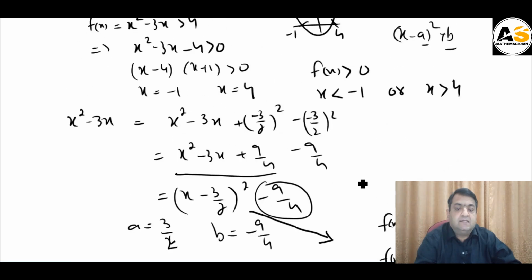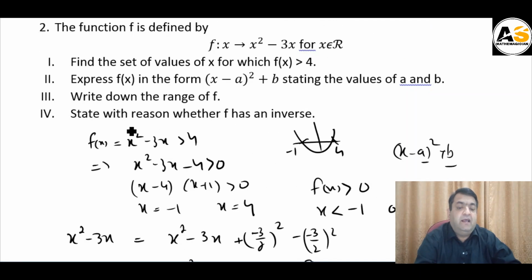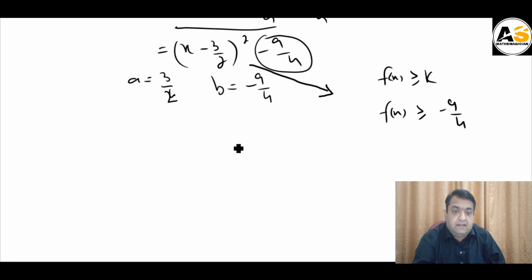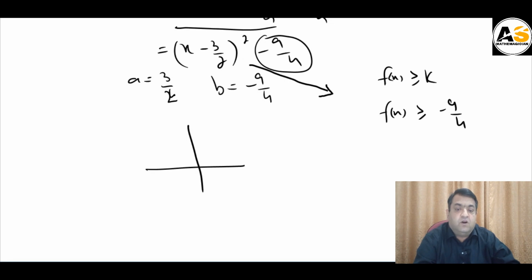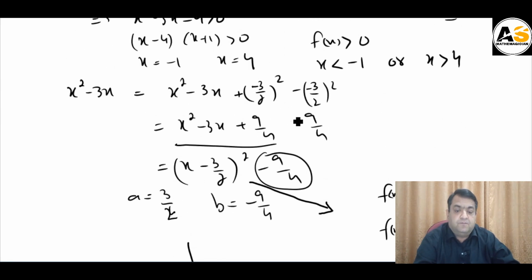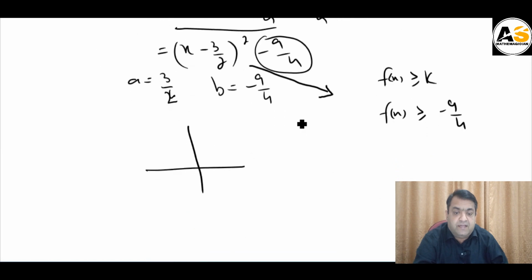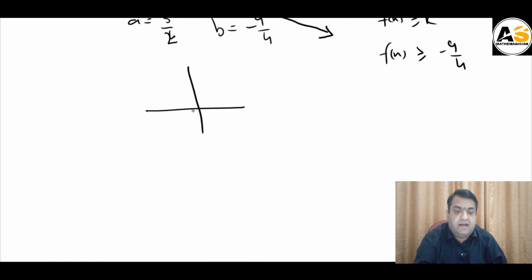The last part is to state with reason whether f has an inverse or not. So dear student, seeing this standard form and seeing its roots, we can exactly draw the graph. What were the roots? Minus 1 and 4. The first root was minus 1, it will be here somewhere, and the second root was 4, it will be here somewhere.